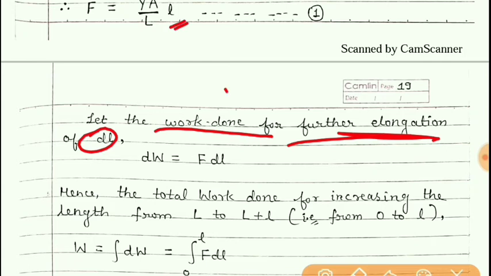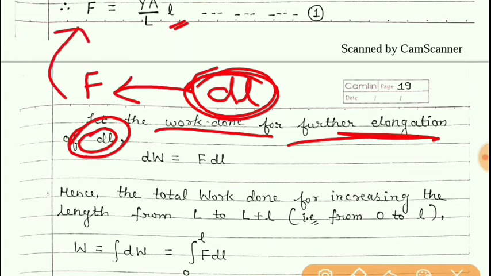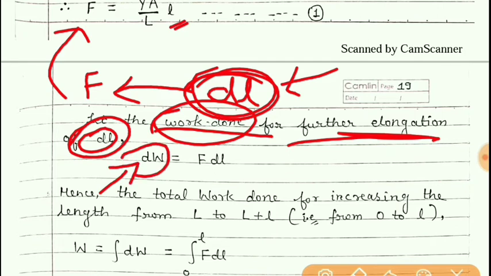For a very small change in the length, we can consider that force as constant. And so for that change in the length, the work has to be done, and that work done is dw, the small work done for a small change in the length. For that small change, we can consider that force as constant, which was shown here.